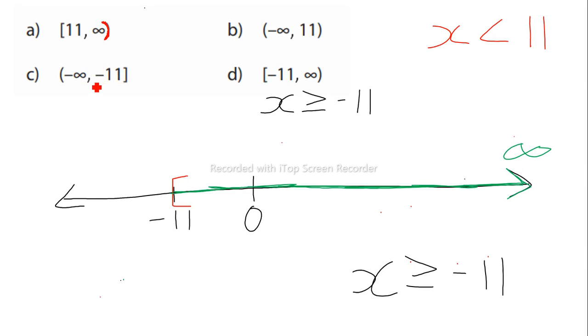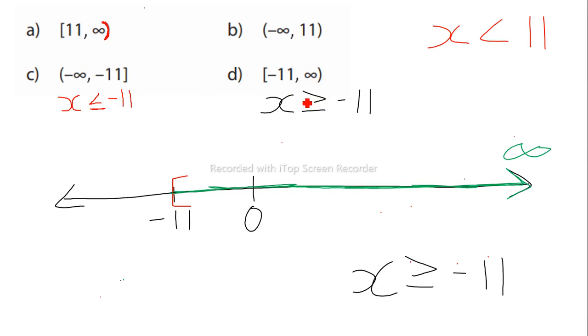So the correct inequality for this one, and please forgive me for the mistake, it's supposed to be x is going to be less than or equal to -11. That's what I forgot to put. Okay, so that's the associated inequality.